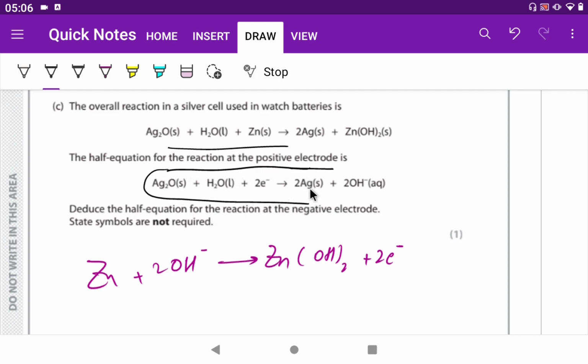When we reverse this reaction, this and this will cancel out. So it will be zinc solid plus 2 OH to give Zn(OH)2 and 2 electrons. So this will be the final equation.